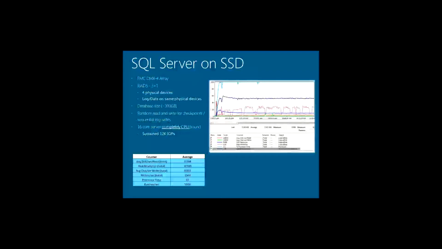Only 4 physical devices to deliver this much I/O performance. 300 gigabyte database, random reads and writes for checkpoints and sequential log writes, all sharing the same physical devices because seek time doesn't matter on solid state media. Had a 16-core server, completely CPU bound. That means that we weren't bottlenecked in any way by the I/O system. We were using every bit of I/O that the system as a whole could consume.